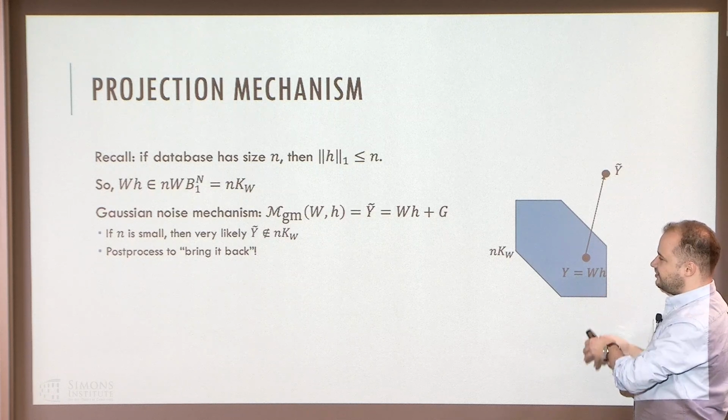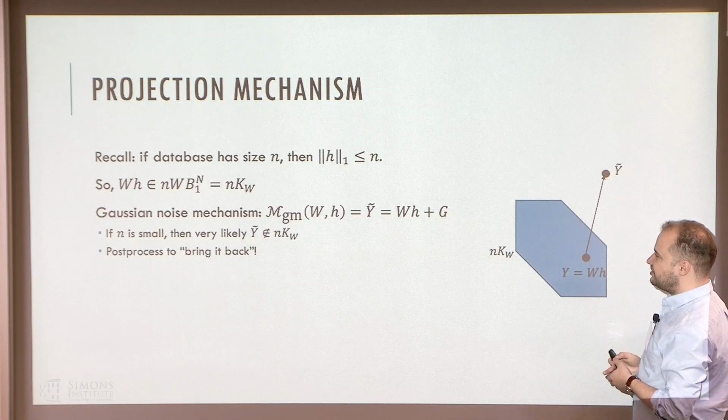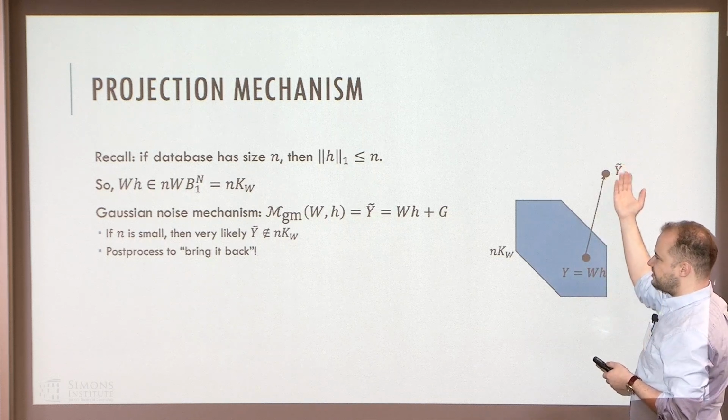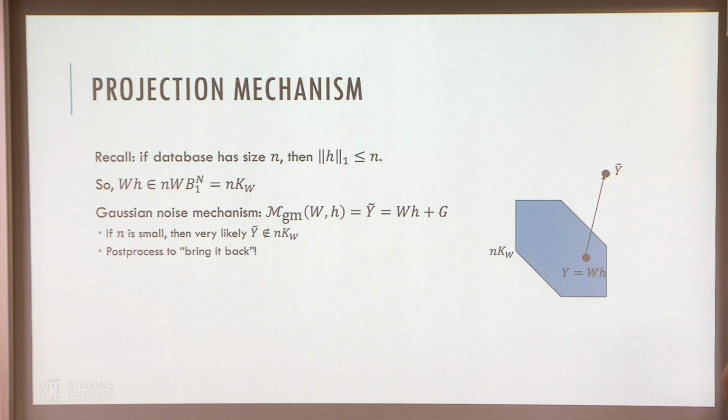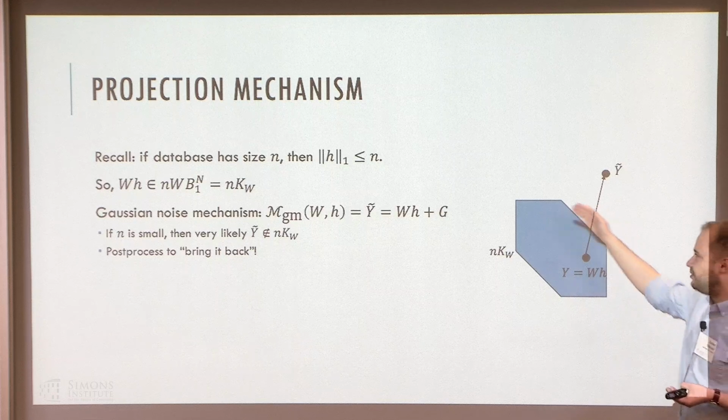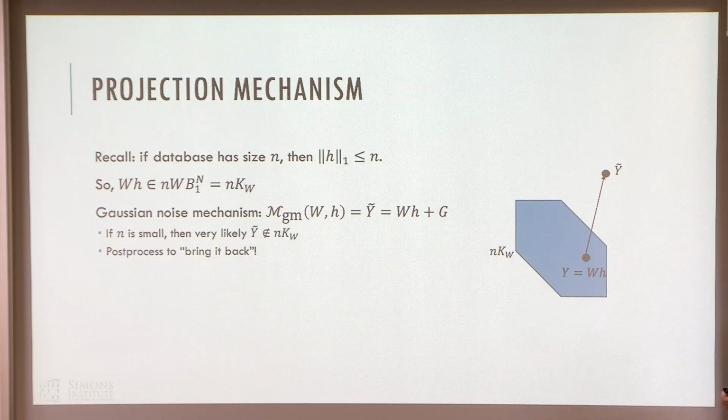It could be that this is so much Gaussian noise that I'm very likely to get outside of this set, and I get a vector of noisy query answers which is not in the set of possible actual query answers. So at this point, even just to make the query answers more understandable, it's very natural to project back into this feasible set of possible query answers.